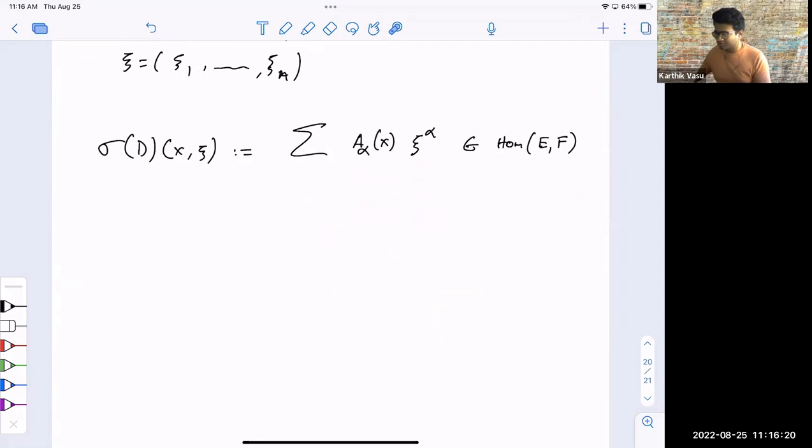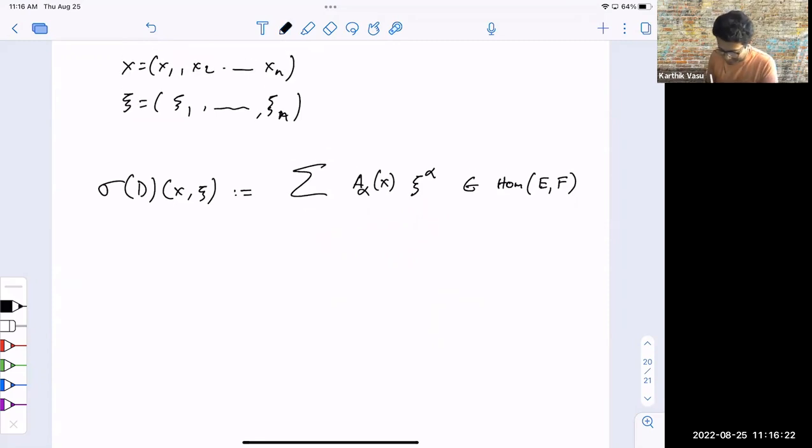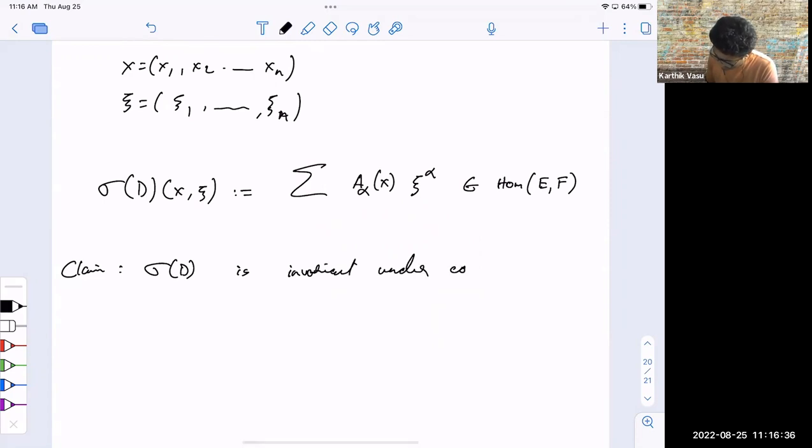That is the principal symbol, and I'll just claim here that sigma D is invariant under coordinate change.